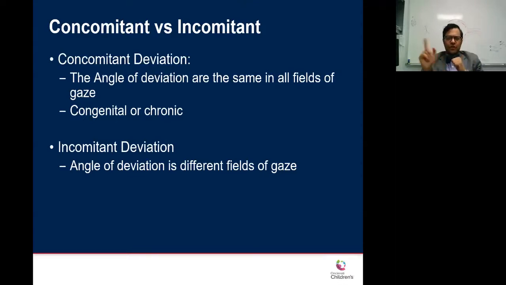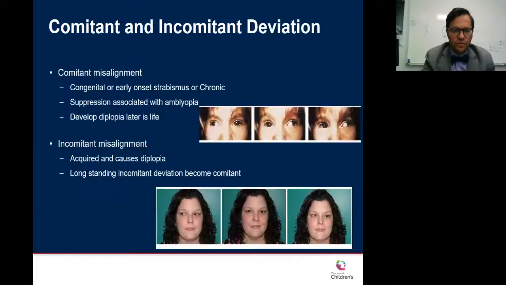I'm going to show you an example on the next slide. But it usually refers to something that's chronic or congenital. Incomitant, which is the main thing that we see with a double vision complaint, is that the angle of deviation is different per gaze. So I'm going to start with talking about the incomitant misalignment first.